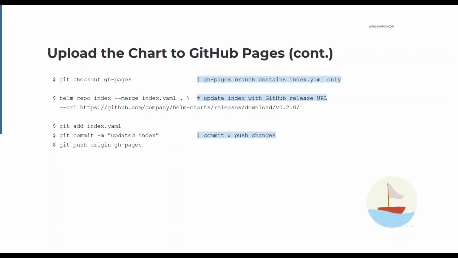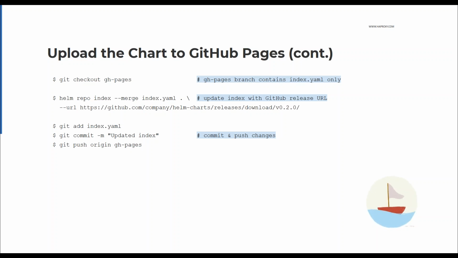So I check out the new branch, gh-pages, and then I want to create the index file that I'm going to upload to that. helm repo index is what creates the index file. It looks at the directory where you've stored the .tgz file. So if you have a directory with lots of these files, or maybe just one, when you run this command, it is going to create the index.yaml file based off of that.